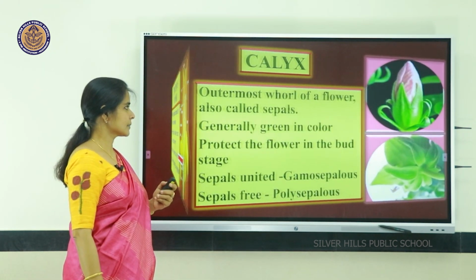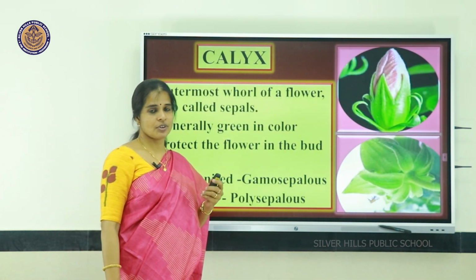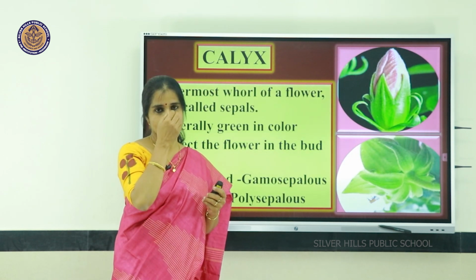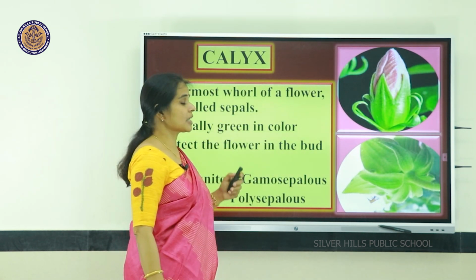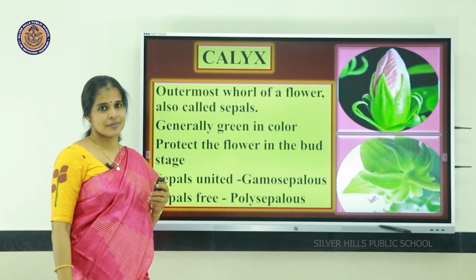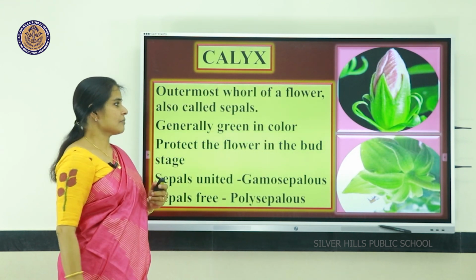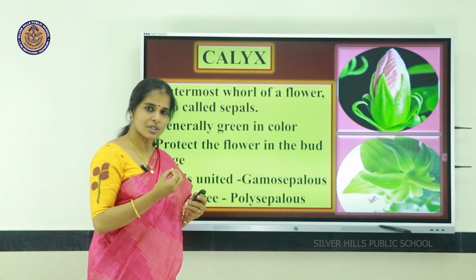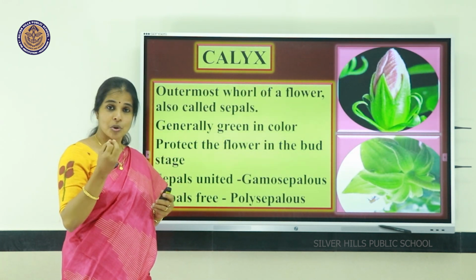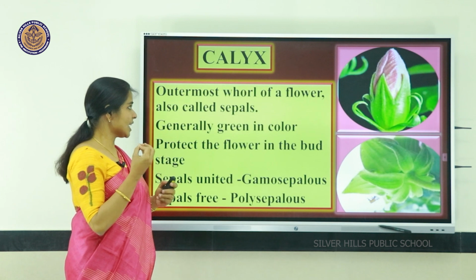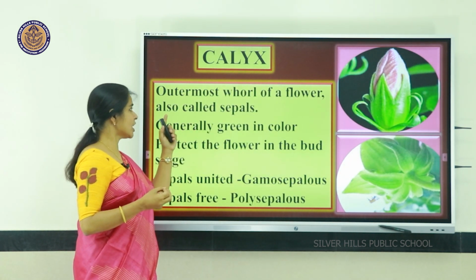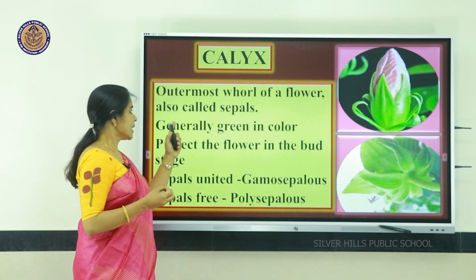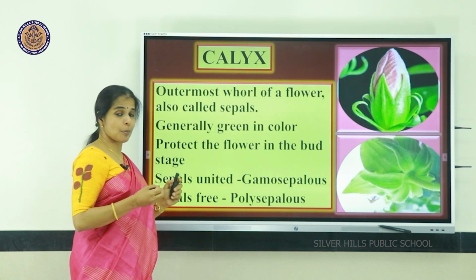Next, let us start with the 4 important parts of a flower. The first part, calyx. Anytime when you see a bud, from next time onwards, once after listening to this class, you should go and see a flower. In a flower, the outermost whorl is what we call sepals.